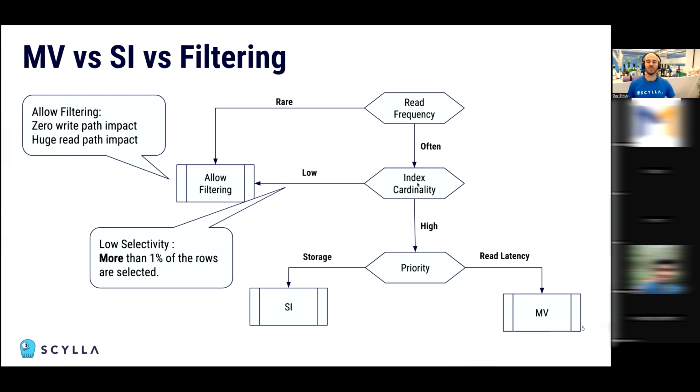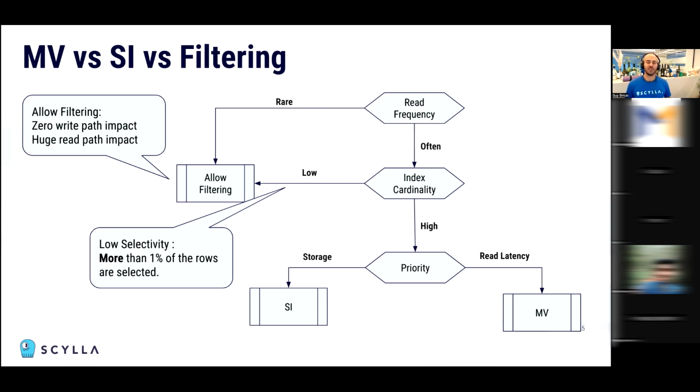If that's the case, we want to look at, I wrote here index cardinality, but maybe selectivity is a better way to think about it. So if my selectivity is low, meaning that I'm going to be selecting a lot of the rows, then again, it might make sense to use allow filtering.